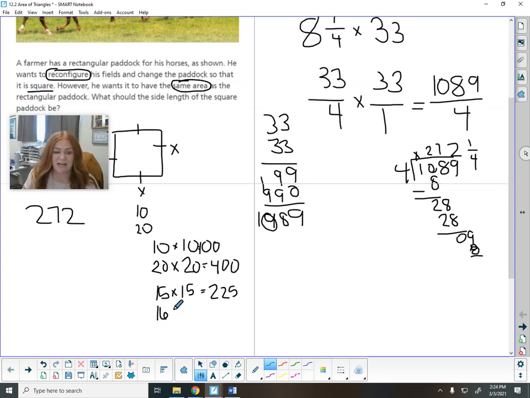Let's try 16. 16 times 16 is 256, getting closer. Let's try if every side is 17. 17 times 17 is 289.